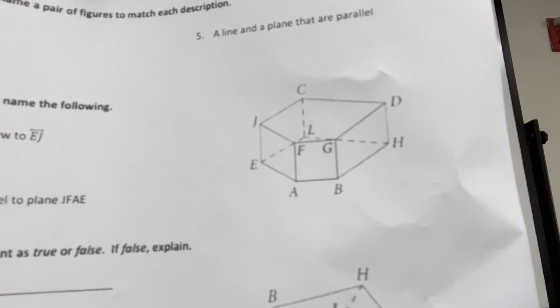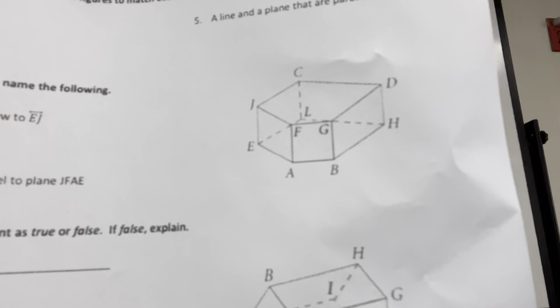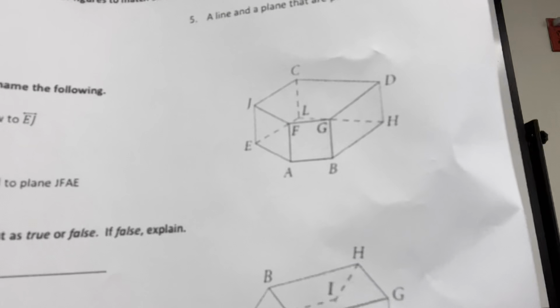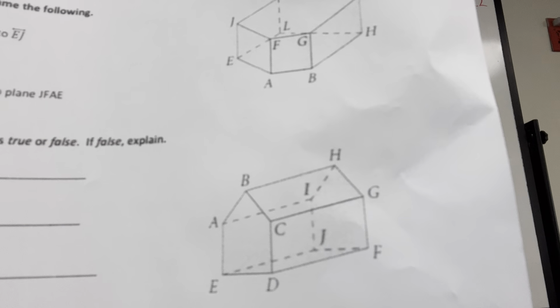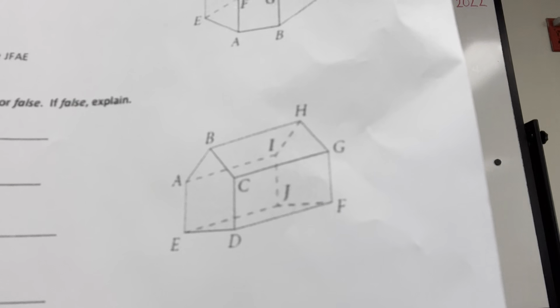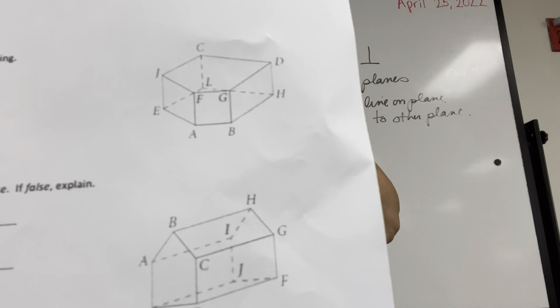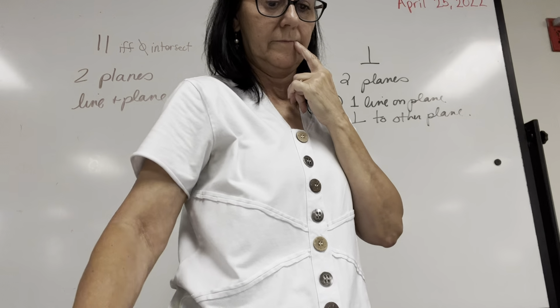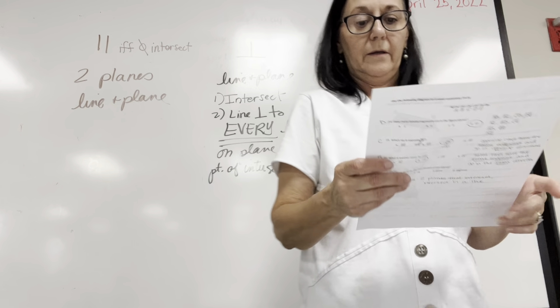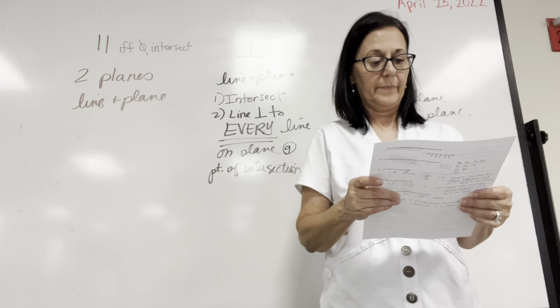All right, so which two lines would you say are skewed to EJ? GB, and what did you say? BH, DH. Okay? Would you agree? Why would you disagree? I would call those parallel.